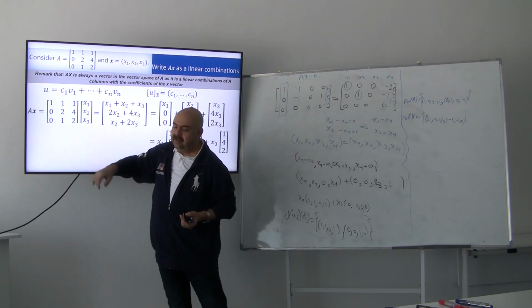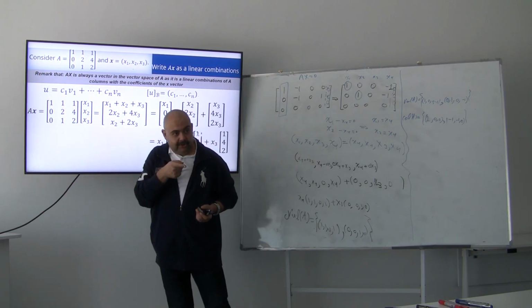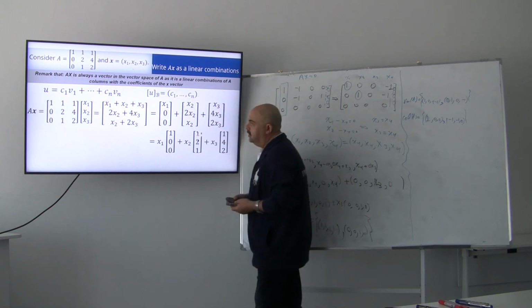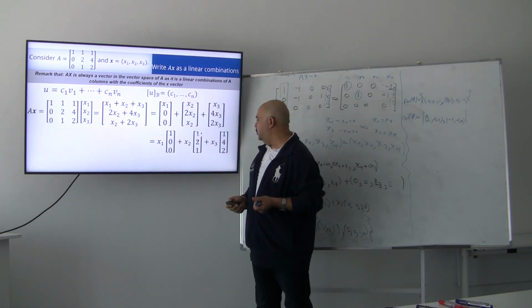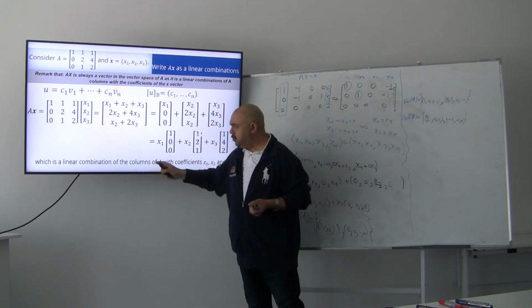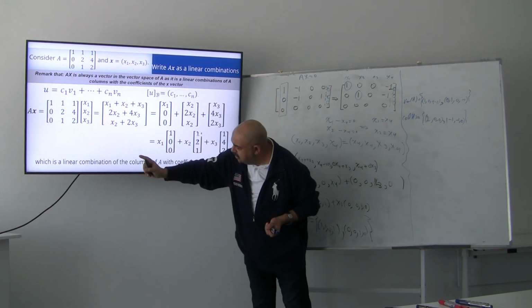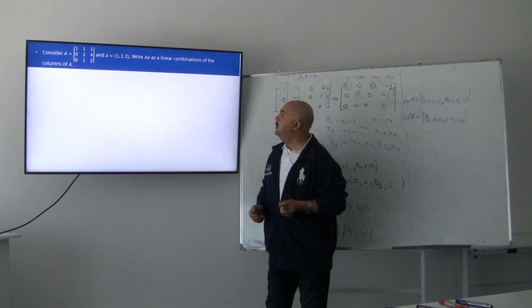And the last one is the third vector in your vector space. So I can write, really, Ax is a linear combination in the space of A, which is a linear combination of the vectors.